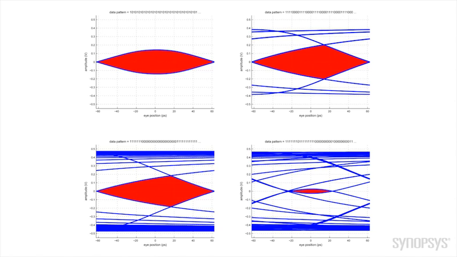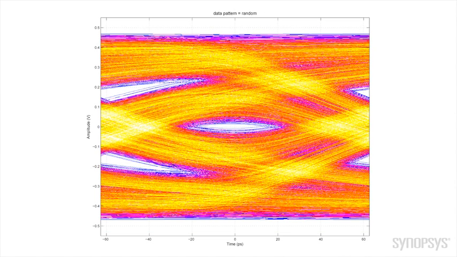And that means that instead of these well-defined trajectories, we get all the different types of trajectories in the middle, and that is how we get these fuzzy eyes. The fuzziness is fundamentally due to the random data patterns containing random frequency content, and this frequency content experiences frequency-dependent loss, and that's how we get this fuzziness.